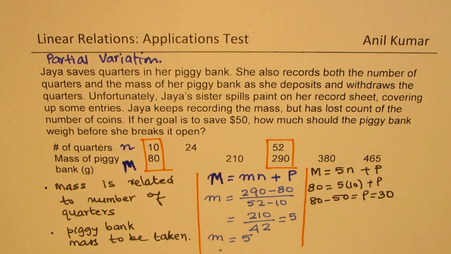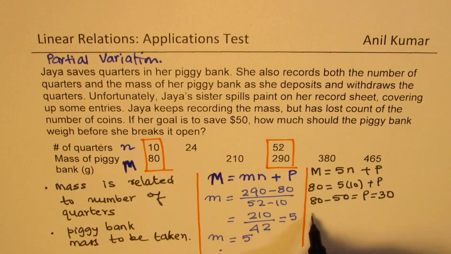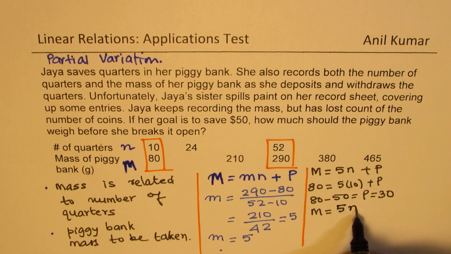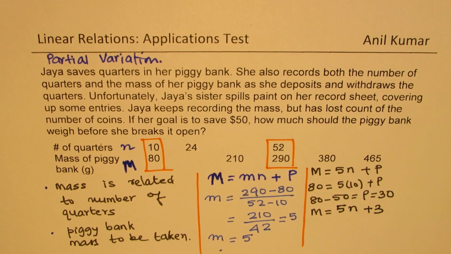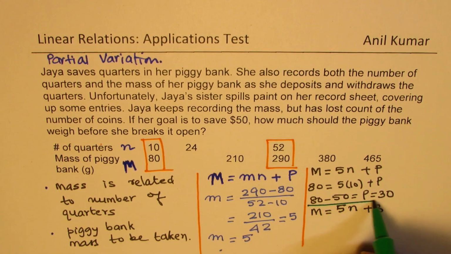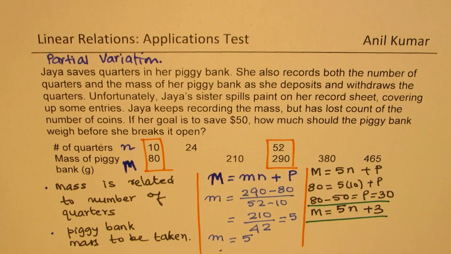Clear? So from here we get our relation: the mass of the piggy bank along with the coins is equal to 5 times n plus 30. Is that clear to you? So that becomes the relation between mass and number of quarters.